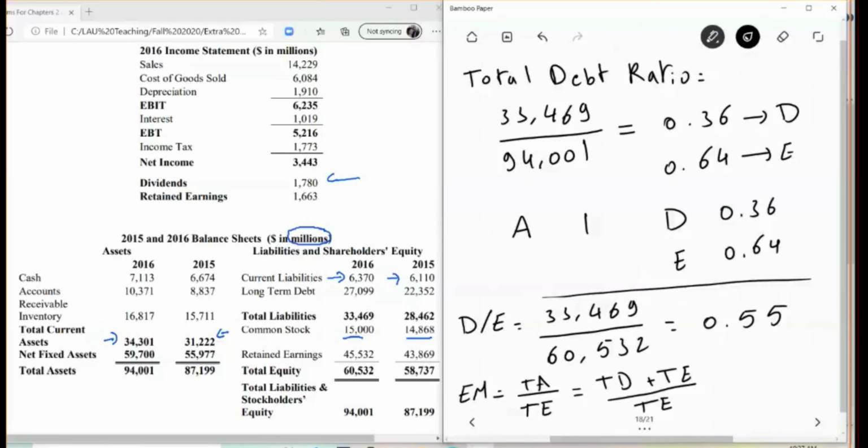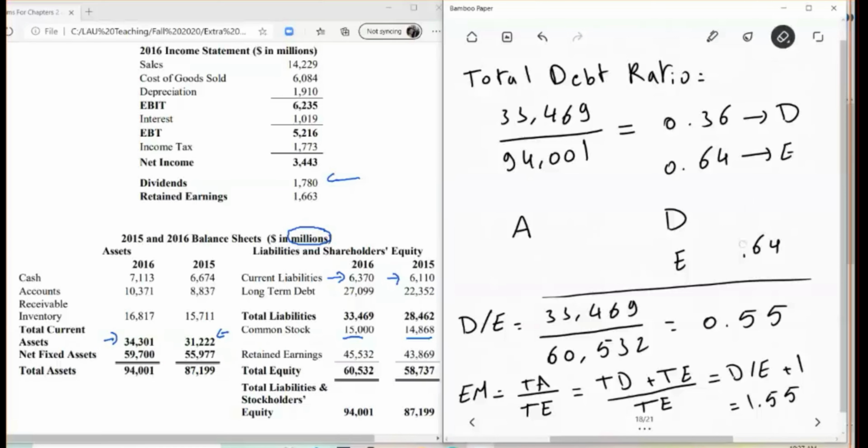So the equity multiplier is equal to the debt to equity ratio plus 1. So 0.55 plus 1, the answer is 1.55. So now I can also represent the balance sheet in that format.